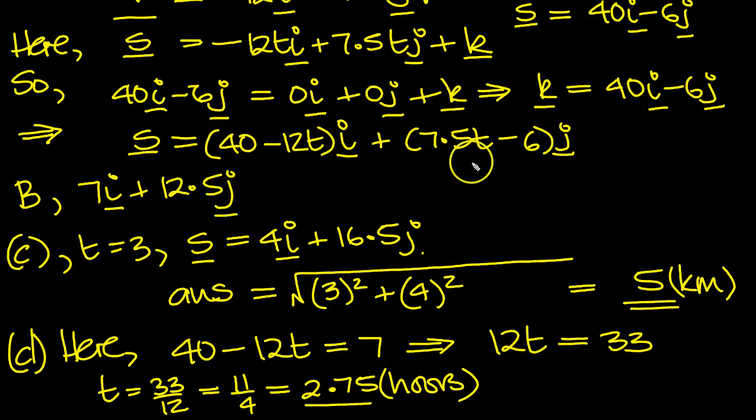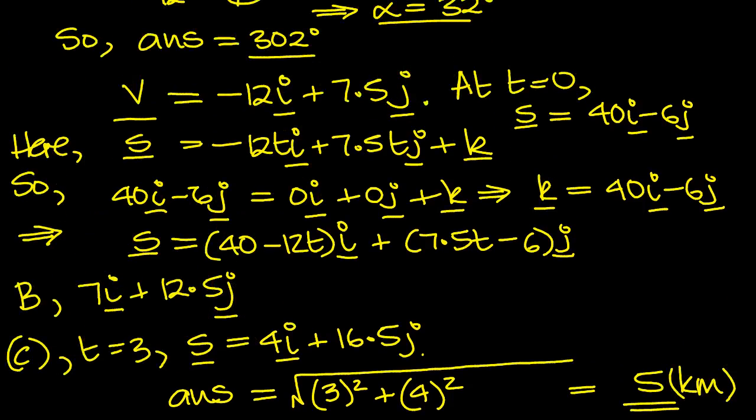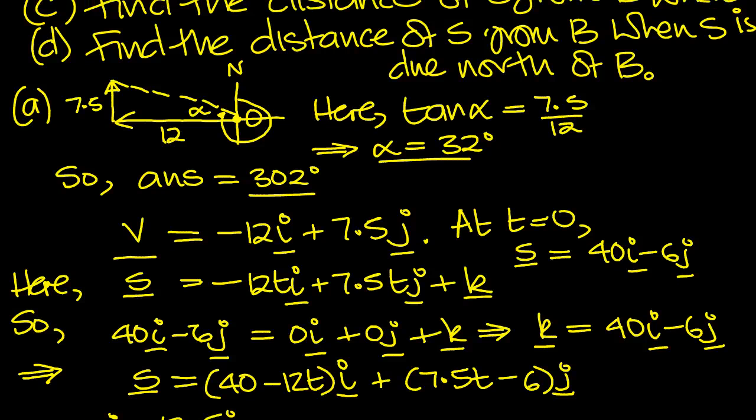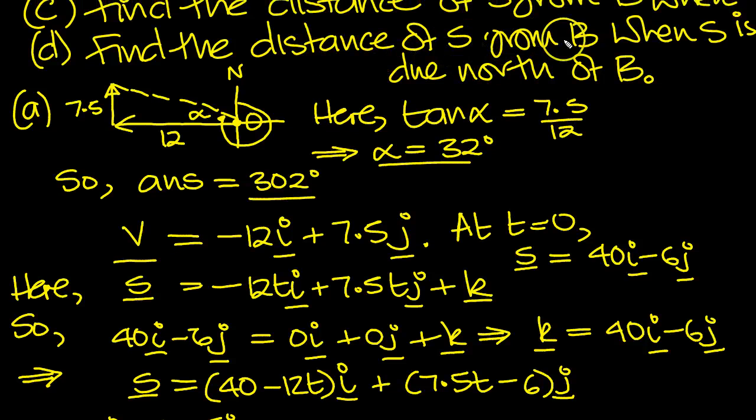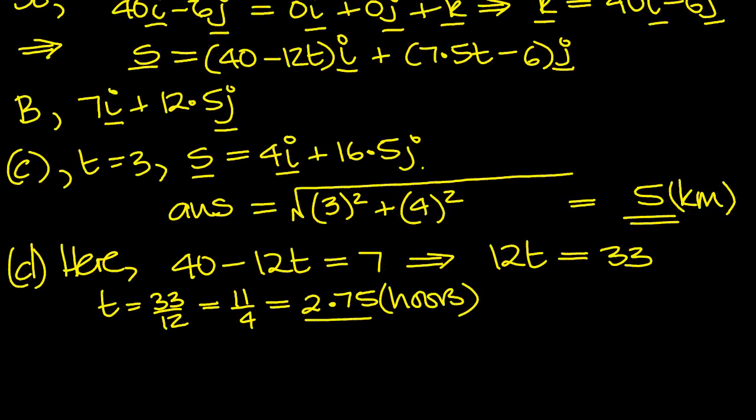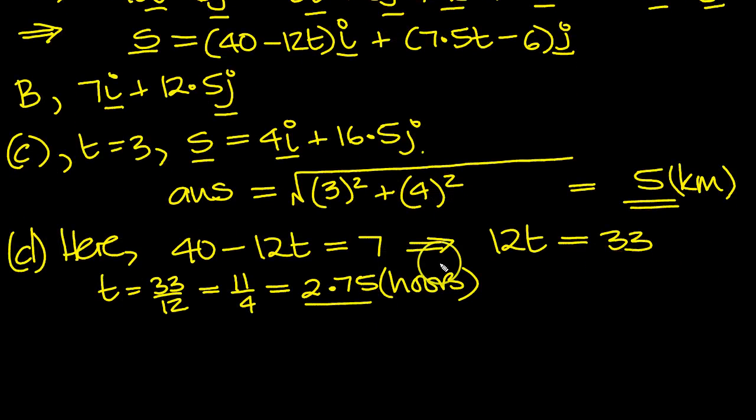Okay, so that's the time. And then what did the question actually ask for? Find the distance of S from B when S is due north of B. Well, we found the time, so we can find the coordinates now. We found out when they have the same x coordinates, so the distance will be just the difference between the y coordinates.